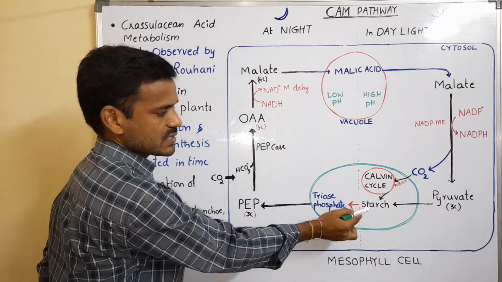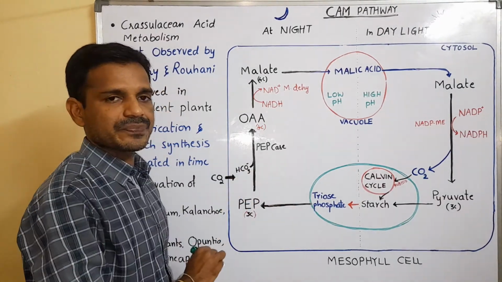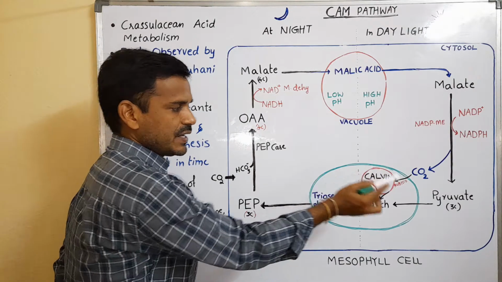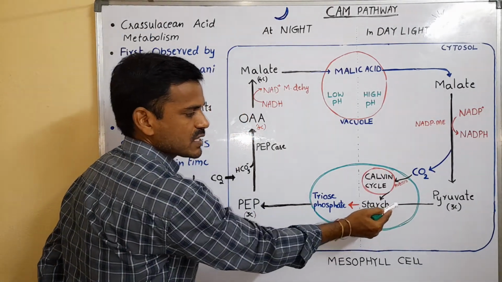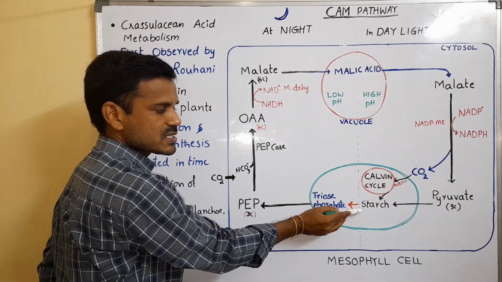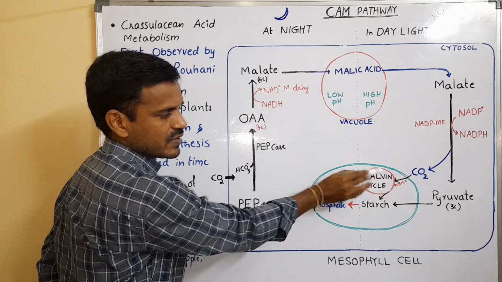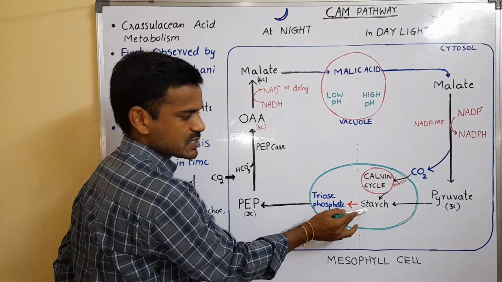This starch is again converted into triose phosphate in the night time. The pyruvate also enters the chloroplast and is involved in starch synthesis. So starch is synthesized in the Calvin cycle, and pyruvate also is involved in the starch synthesis.